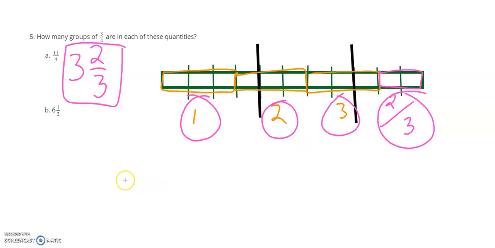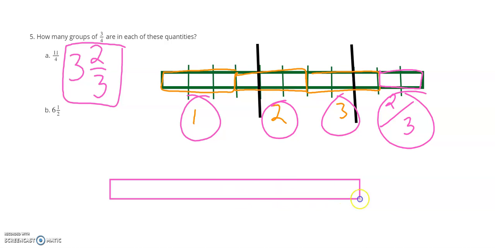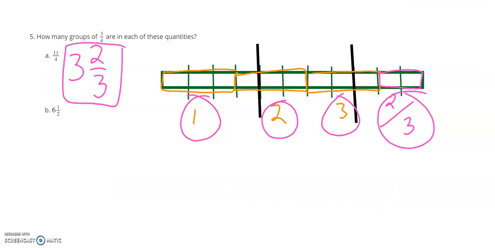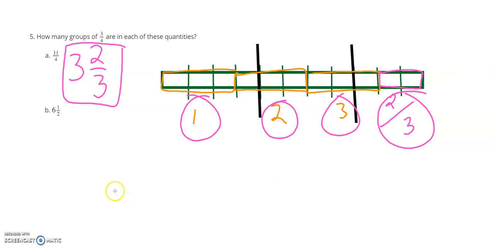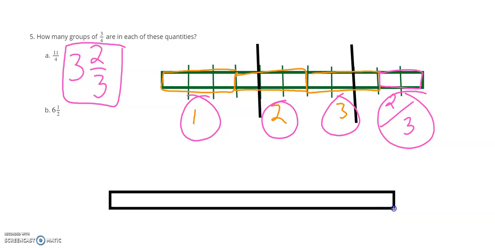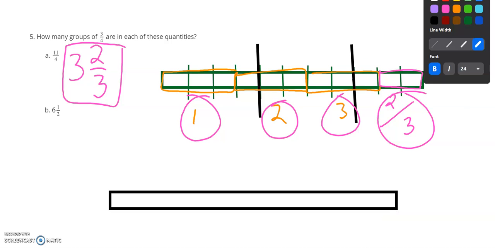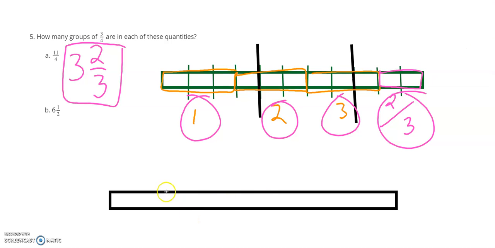Next one is 6.5. We're going to draw our 6 first. Six. Cut it in half. Cut these in thirds.